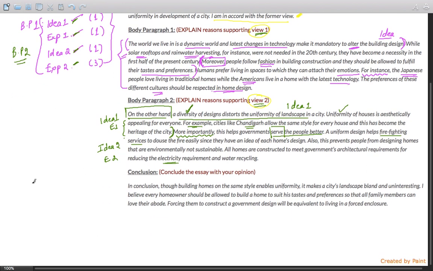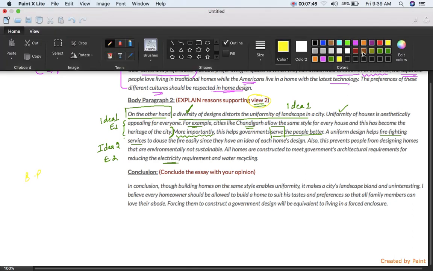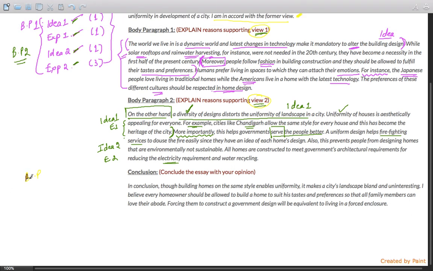Either you can write another body paragraph, you can write another body paragraph 3 explaining your view, or if you think the time is of essence and you are losing time and you may compromise on task 1, it is better to conclude the essay with your opinion. It is better to explain it in about 2 to 3 sentences over here.